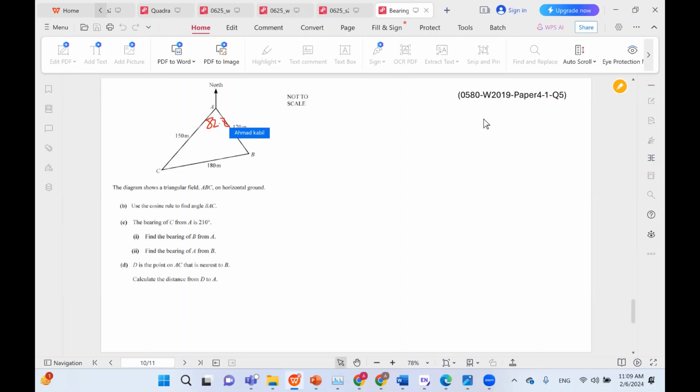Next, we're required to find the bearing of B from A and the bearing of A from B, given that the bearing of C from A is 210. So the bearing of C from A, that means that we draw the north at A, which they've already done for us. And then we move clockwise in order to reach line AC, which is the line that brings together these 2 points.